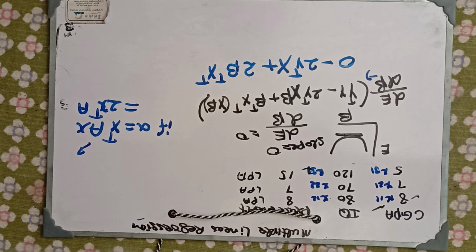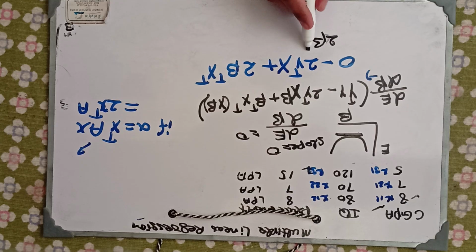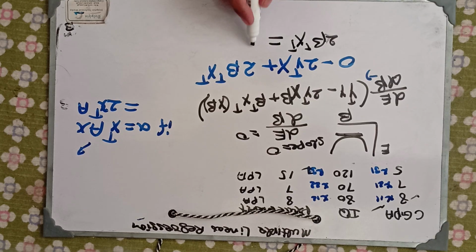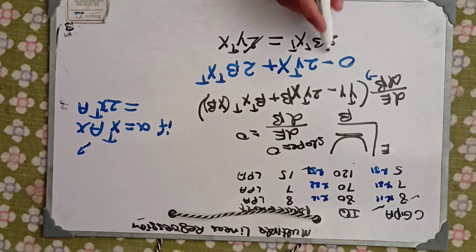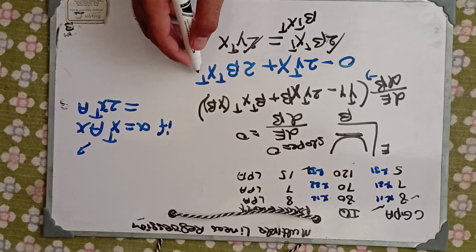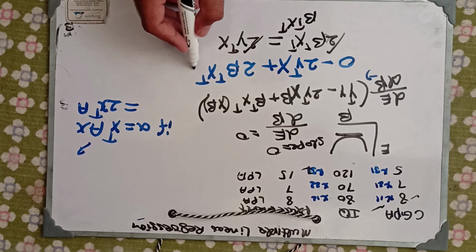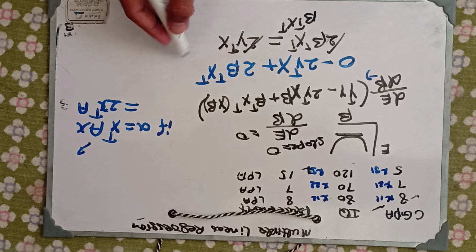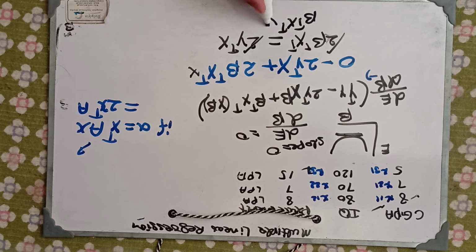So from this equation we can simply conclude that 2 beta transpose X transpose X equals 2 y transpose X. The 2 will be cancelled, so beta transpose X transpose X equals y transpose X, right?